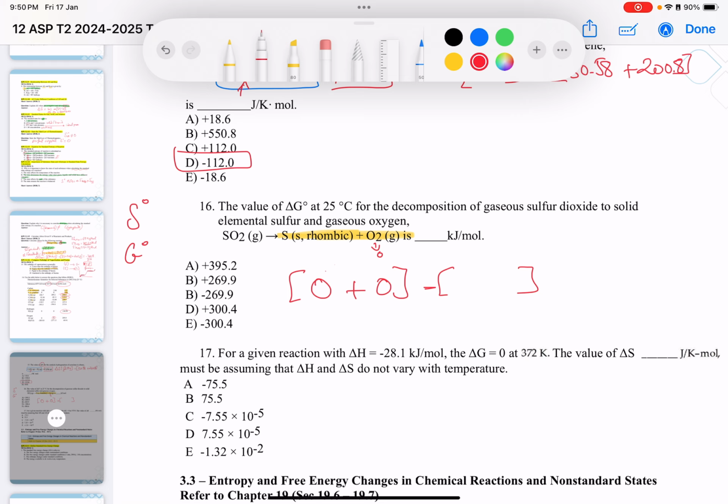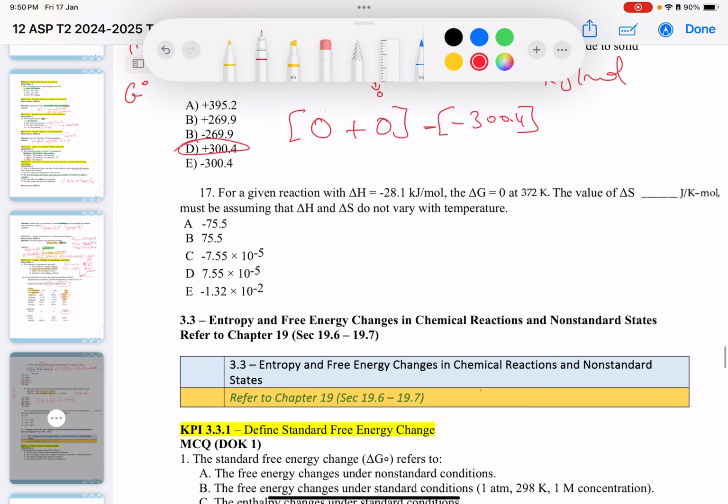So for SO2 gas, it is negative 300.4 kilojoule per mole. So it's this one. Oh, wait, sorry. Minus and minus. So the delta G will be positive. So the answer is D.